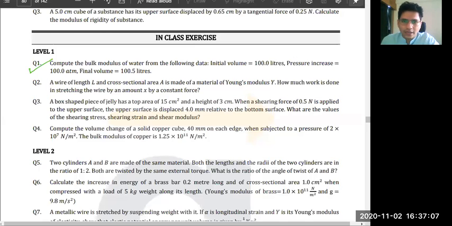Amish, are you there? Who can solve question number four? Priyanka, can you solve question number four?